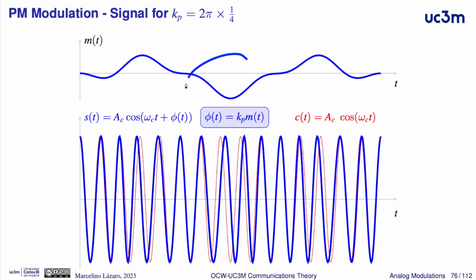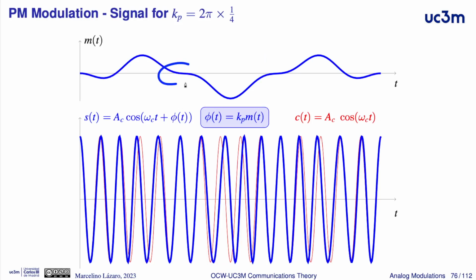However, if the modulating signal in some interval is negative, this means that the term that we have here in this phase is negative, and we have a delay of the modulated signal with respect to the carrier. Here, we can see that the modulated signal is behind the carrier, is delayed.